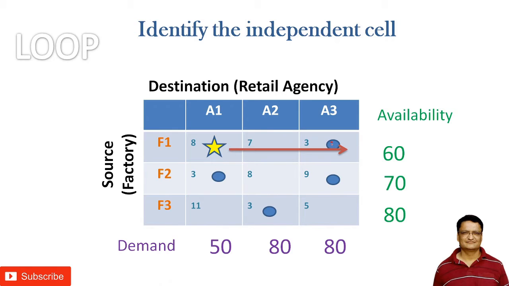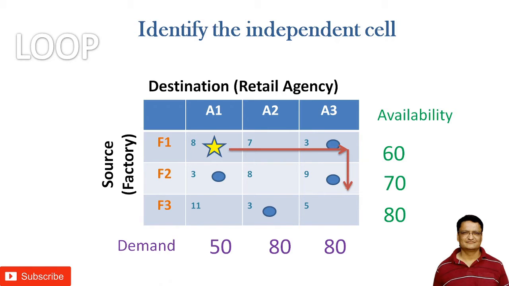Now I cannot go in a horizontal direction anymore. I need to change my direction. So either I can go up or I can go down. I cannot go up because there are no cells in the upward direction. So I will move down till I get the next allocation. So I moved in the downward direction till I got the further occupied cell.